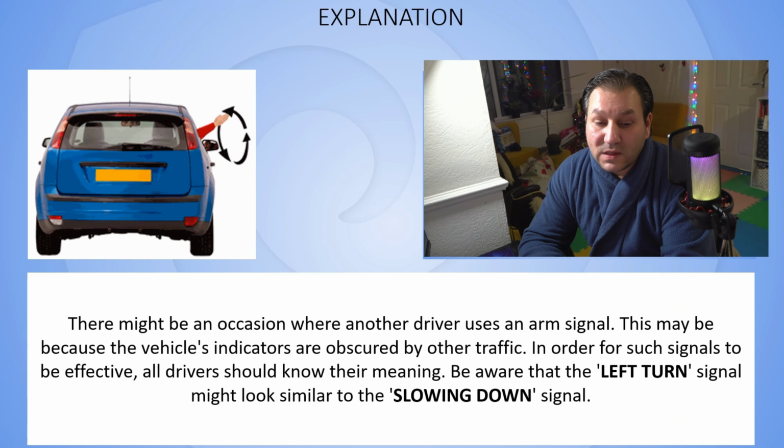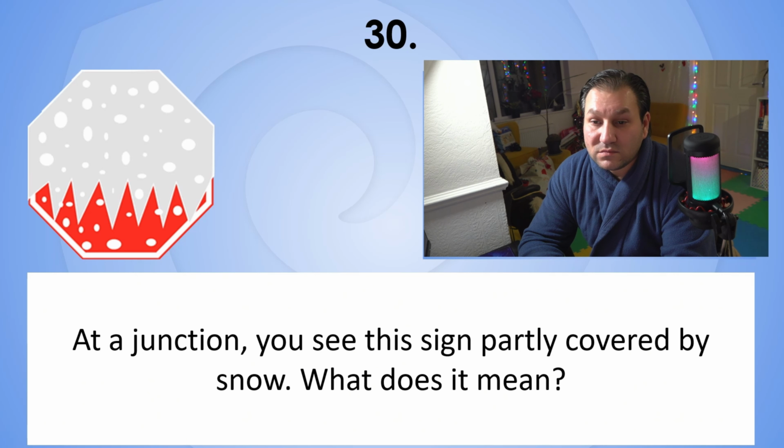Explanation. There might be an occasion where another driver uses an arm signal. This might be because the vehicle's indicators are obscured by other traffic. In order for such signals to be effective, all drivers should know their meaning. Be aware that the left turn signal might look similar to the slowing down signal.